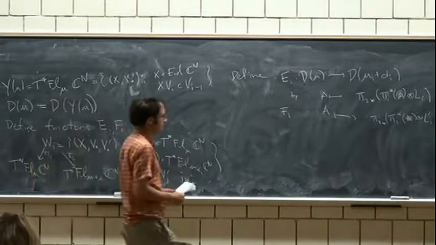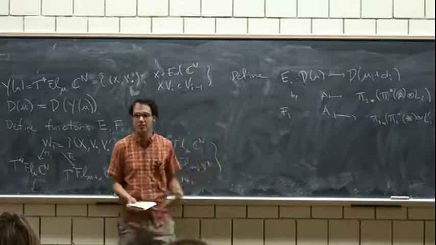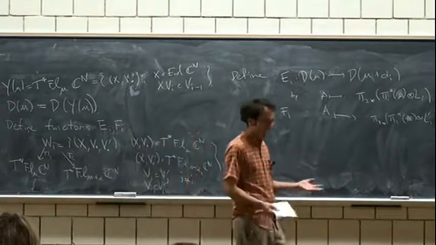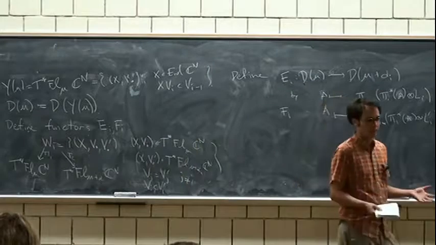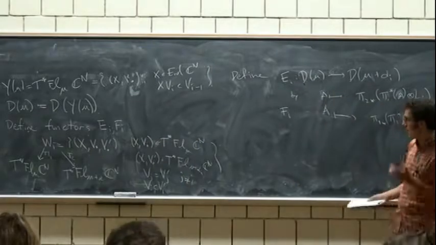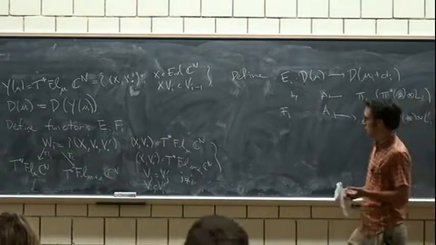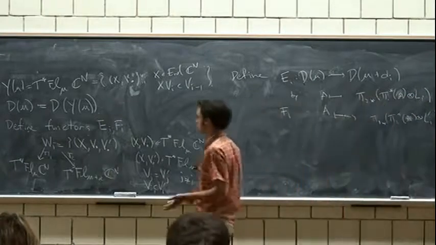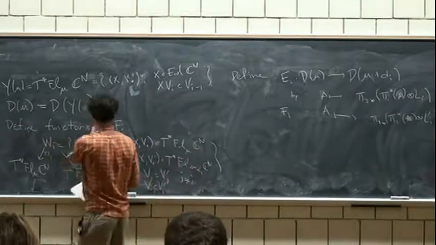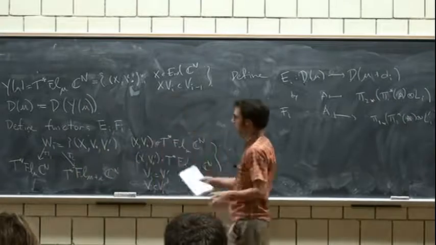So at this point, remember, this is going to show us to be part of the data of my categorical G action, or in this case, categorical S-line action, right? So the data of categorical S-line action was a bunch of categories. These are my categories, a bunch of these functors, EIs and FIs, moving between them.